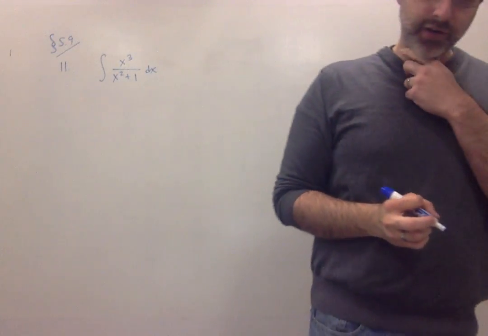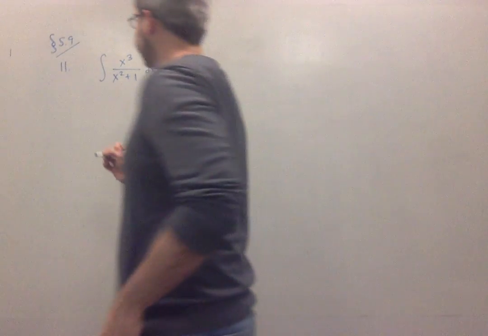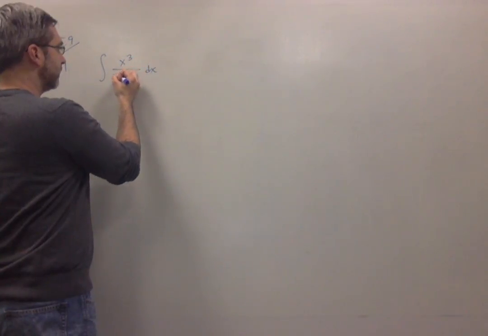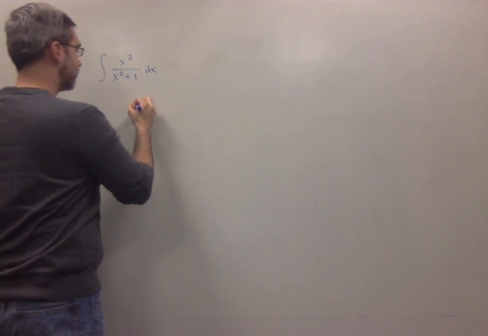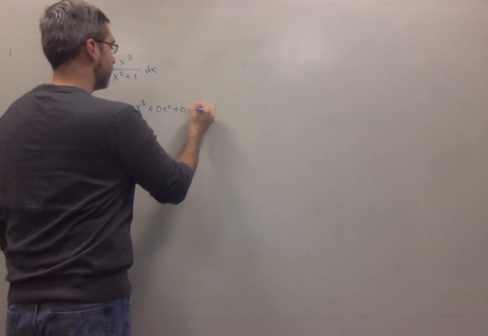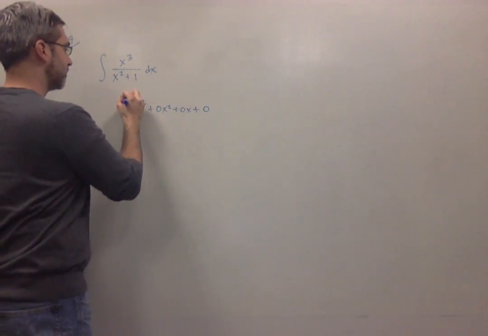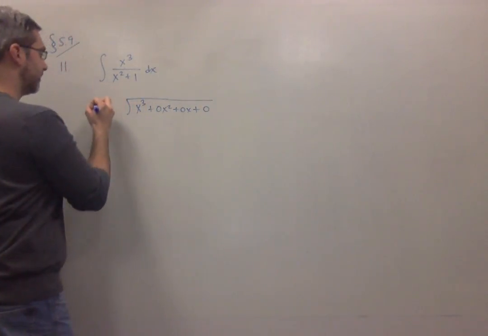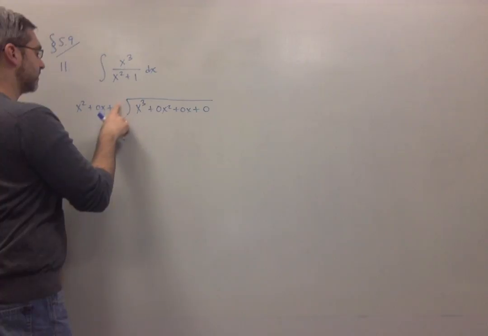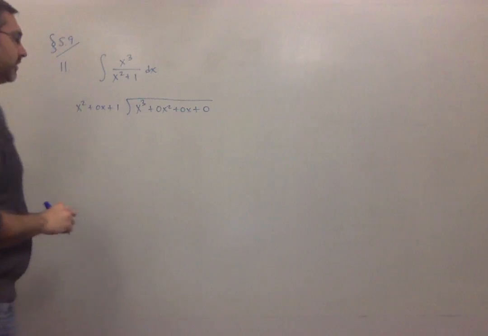It's x cubed over x squared plus 1. Again, the degree at the top is bigger than the degree at the bottom, so we need to start with long division. So we're going to take our x cubed plus 0x squared plus 0x plus 0 and divide by x squared plus 0x plus 1 and see how we do here.